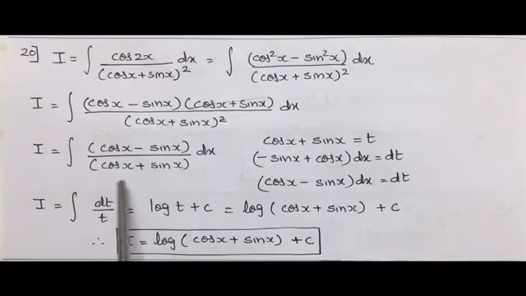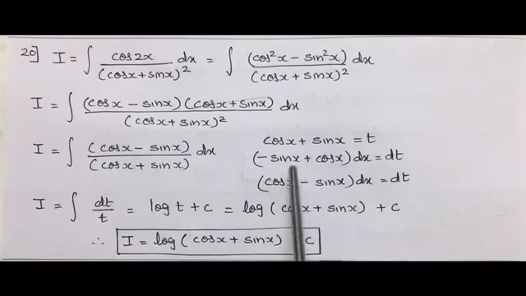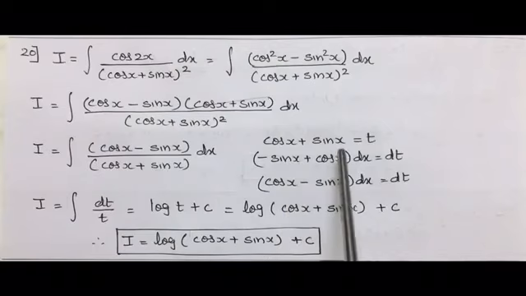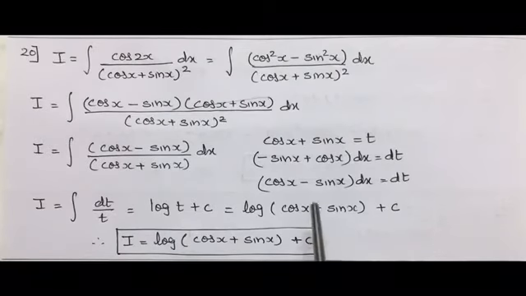Now assuming here cos x plus sin x as t, and differentiating it. Cos x differentiation is minus sin x and sin x differentiation is cos x, dx is equal to dt. Now rearranging the term, we get (cos x minus sin x) dx is equal to dt.